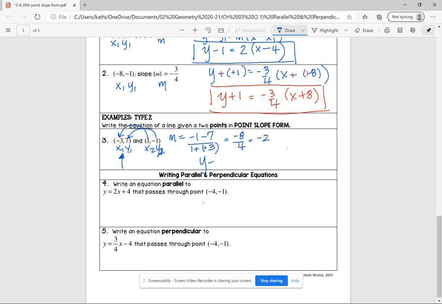So y minus y1 is 7 equals my slope times x minus negative 3. So I'm going to change my minus and negative to a plus.